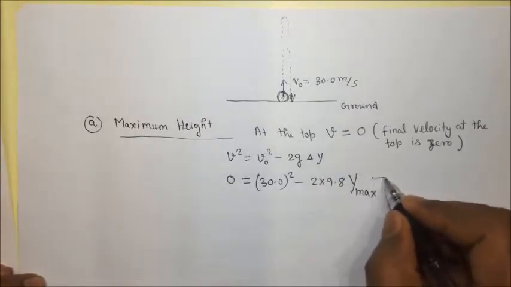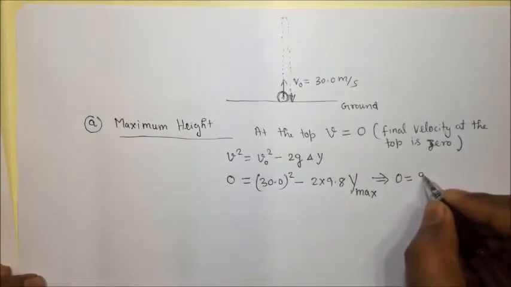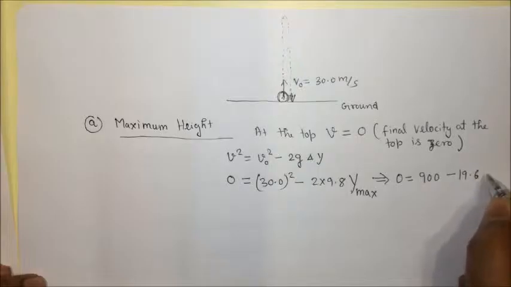So this gives you 0 is equal to 900 minus 19.6 Y max.